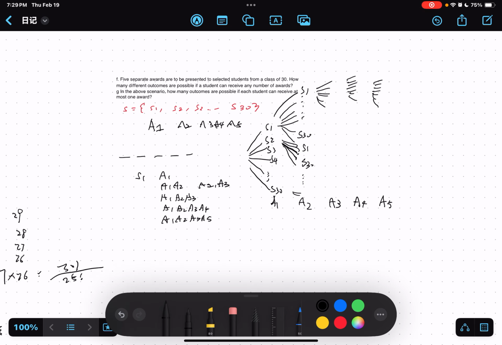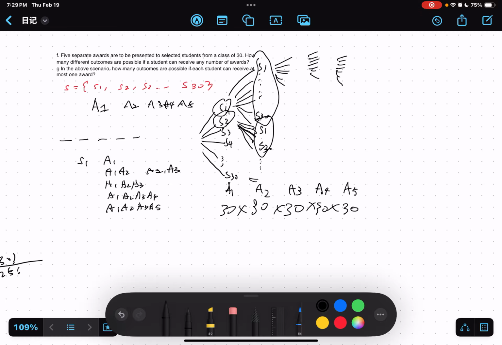And as you see, each one is expanded based on the first one, so we should multiply them together. The first one is 30, the second one is 30, and we multiply them together. So we get the first question's answer, which is 30 to the power of 5.